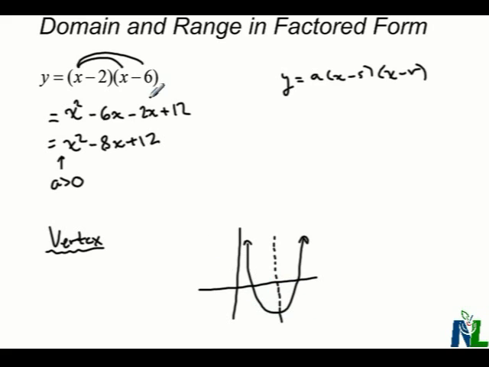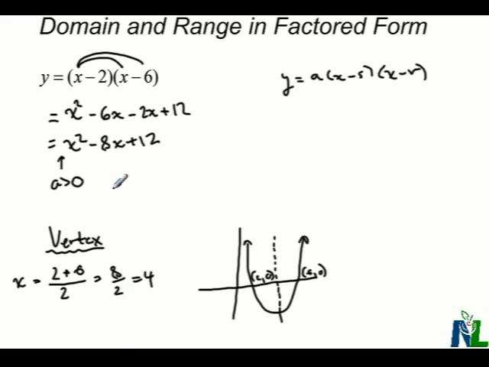I've got one intercept at (2, 0) and another at (6, 0). To find the vertex, I can add my 2 intercepts and divide by 2. That gives me 8 over 2, which equals 4.